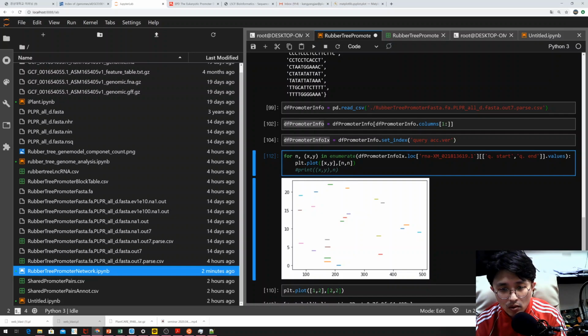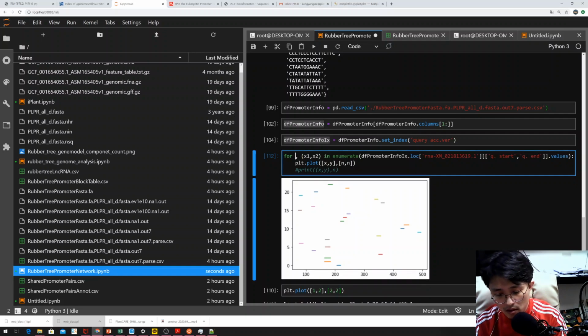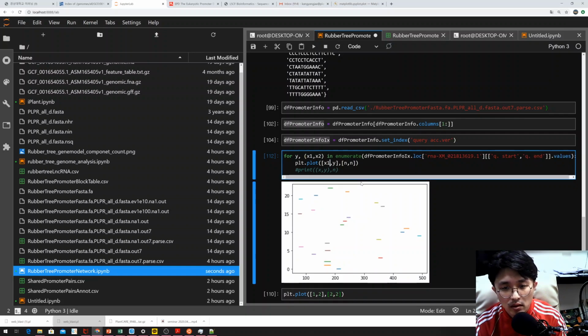This part only goes x, this part only goes y. So maybe I will change the labels to x1 and x2, and I will change this into y, right? Then it is more comprehensible. Okay, good.